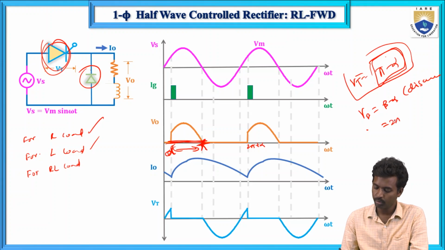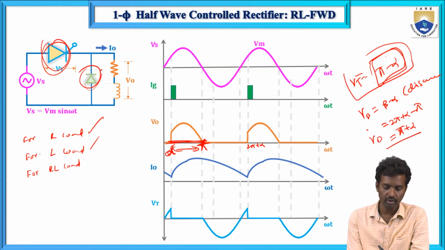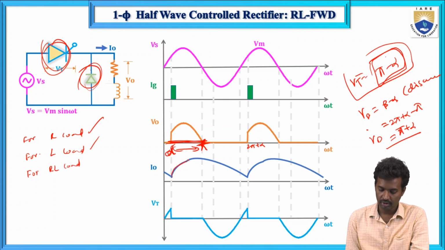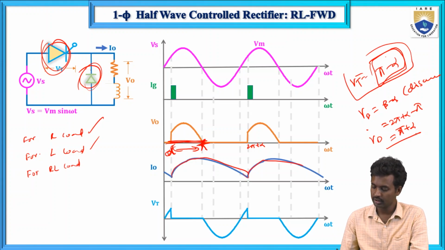So 2 pi plus alpha minus pi equals pi plus alpha, which is the freewheeling diode conduction angle. What about the extension angle? There is no extension angle, it is continuous conduction. This is for continuous and this is for discontinuous.